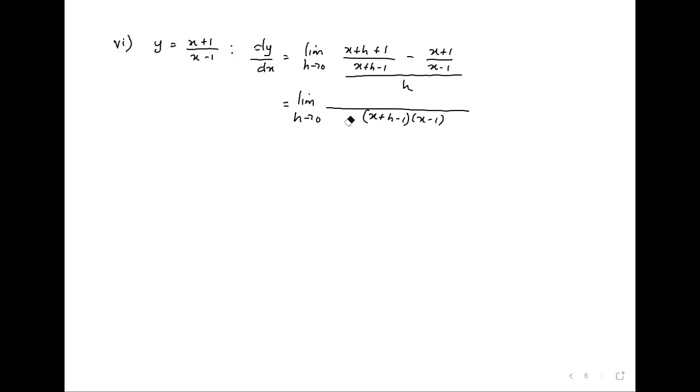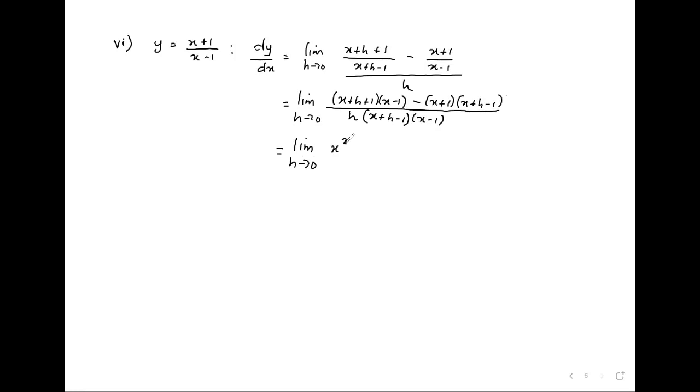When you're saying x plus h minus 1 in the denominator here, you get x plus h plus 1 multiplied by x minus 1 minus x plus 1 multiplied by x plus h minus 1. That's where now the h is appearing. When you're about to write it as an independent denominator, just remember that your fraction is there. Then you expand.